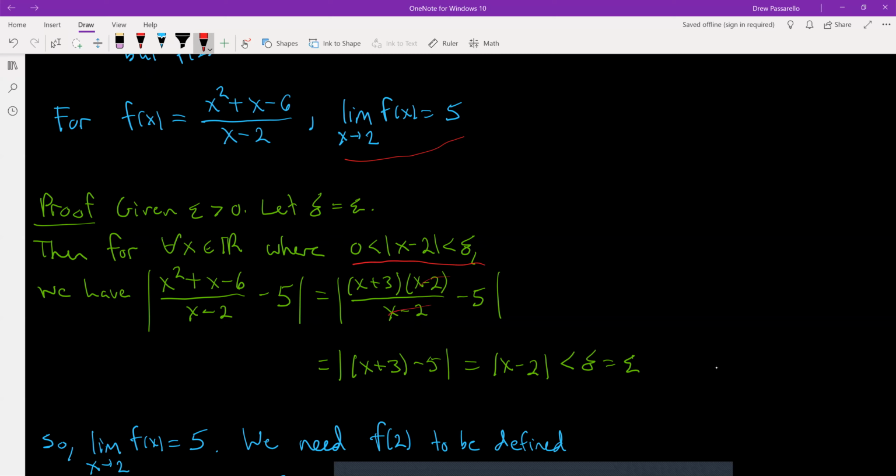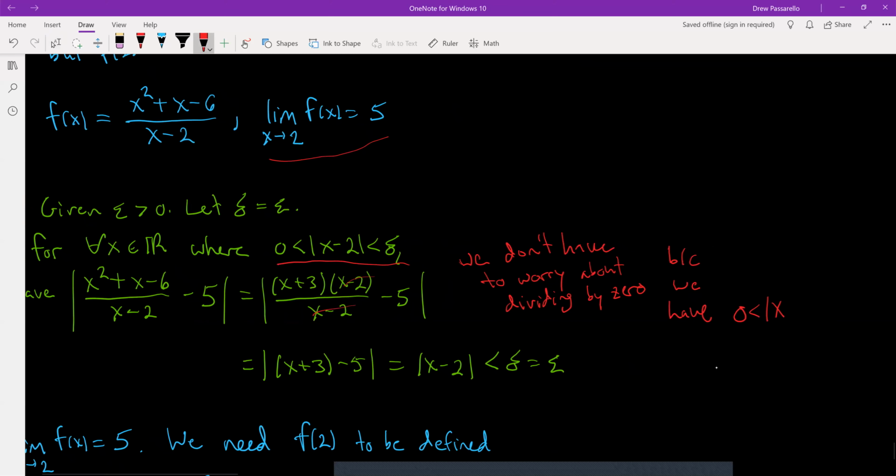We don't have to worry about dividing by 0 here, because we're only considering x where 0 is less than the absolute value of x minus 2 less than delta.